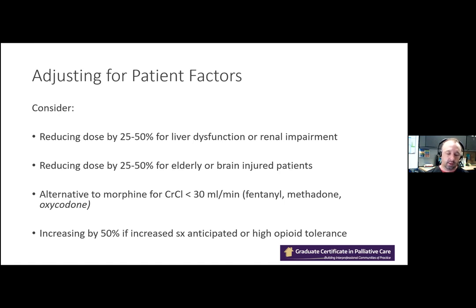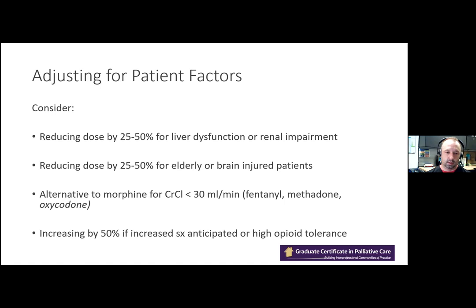But one of the issues is that some opioids, morphine is most famous for this, can have toxic metabolites. And so you can end up with worsening neurotoxicity. Really, some of that opioid-induced hyperalgesia can be more of an issue in a patient with impaired renal function on morphine, because some of those metabolites can contribute to that.